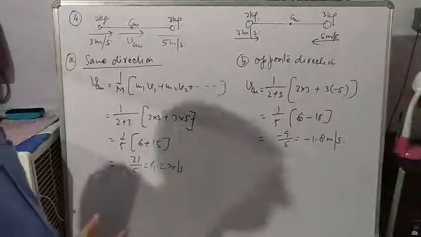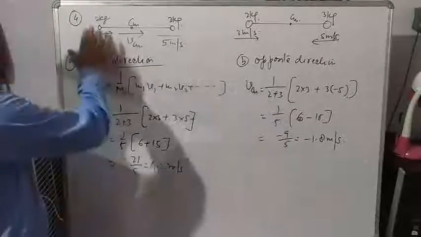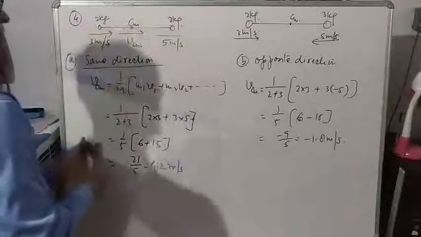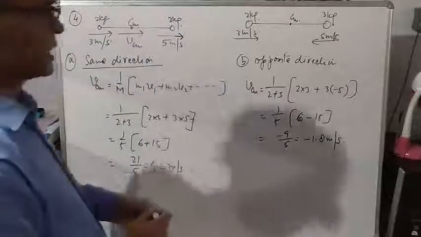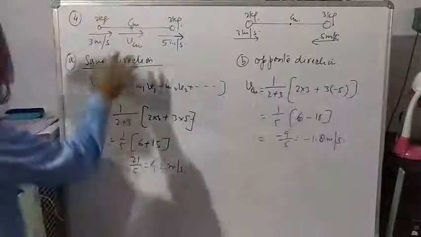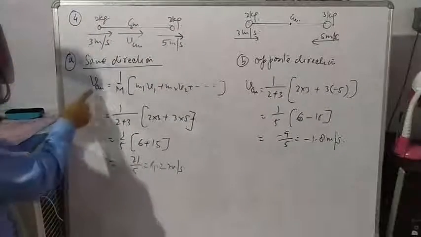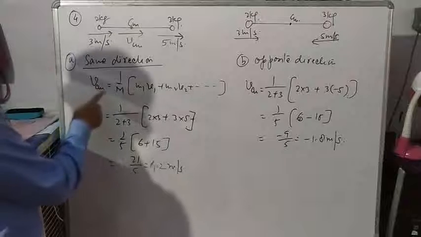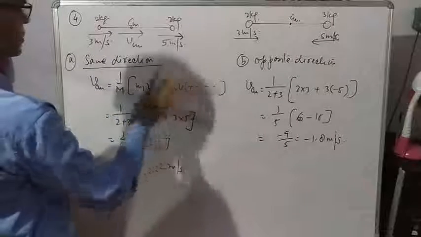Now two cases are there. In the first case, the two particles are moving in the same direction. And in the second case, they are moving in opposite directions. First, let us think about this. Velocity of center of mass is 1 by M, m1 v1 plus m2 v2 and so on.